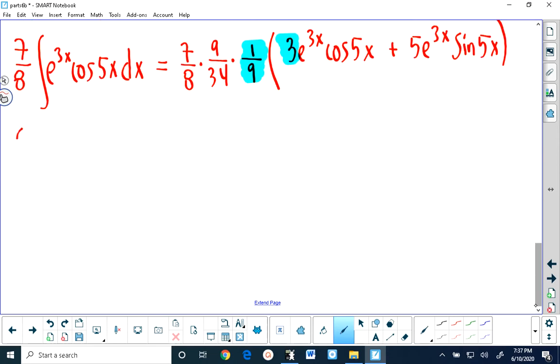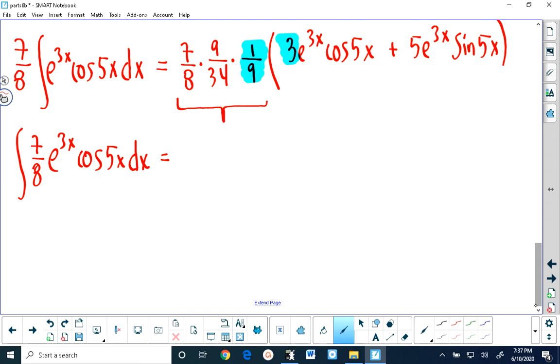So my integral of 7/8 e to the 3x cosine 5x dx equals, well, what does this work out to? Well, the 9 on the top and the bottom cancel, so I'm left with 7 on the top and 8 multiplied by 34 on the bottom. 8 multiplied by 34 is 272.